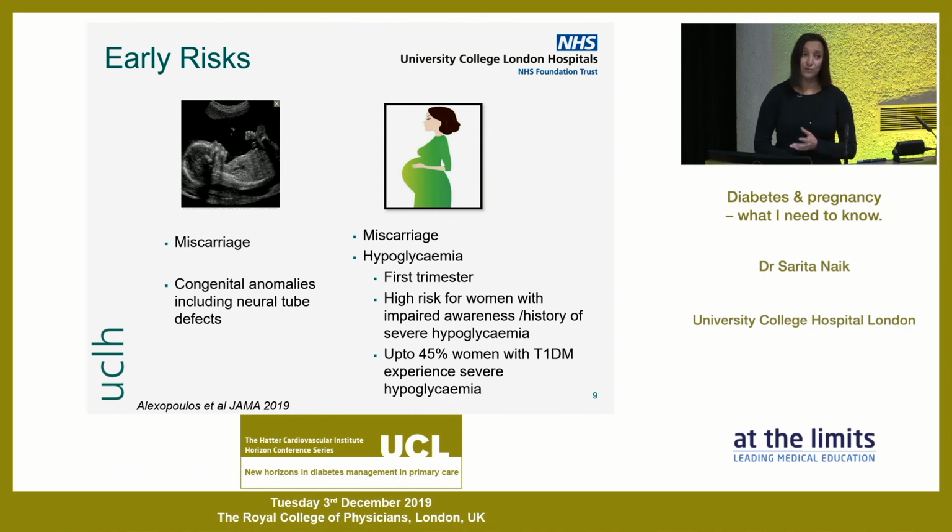And up to around 45% of women with type 1 diabetes experience severe hypoglycemia in that first trimester. And it's hugely frightening for the women and for their families, and the consequences are significant. So we see head injuries, seizures, and death is one of the other consequences.